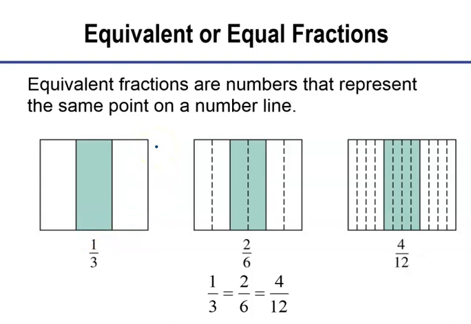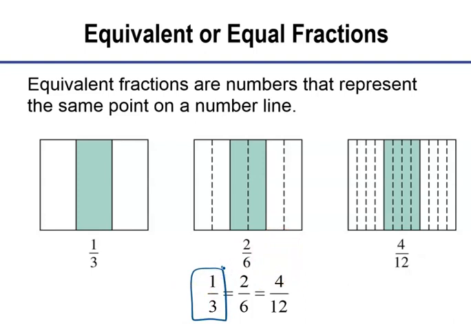But the first square is divided into 3 equal parts, and then the green shaded is 1 out of 3 of those parts. The second square, though, is divided into 1, 2, 3, 4, 5, 6 parts, and we've shaded 2 of those parts. But it's exactly the same as what we shaded in the first, the same area. So 2/6 is equivalent to 1/3 when we reduce that.